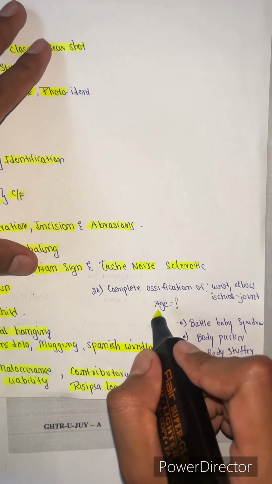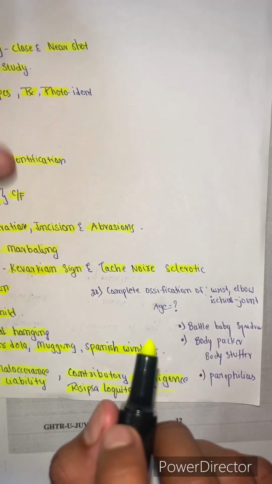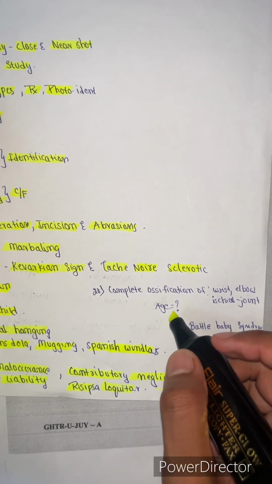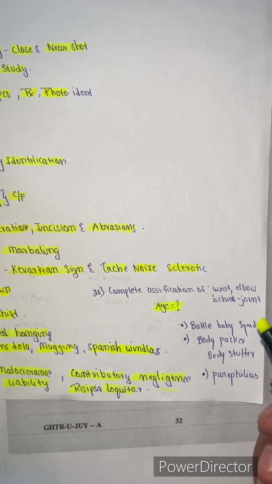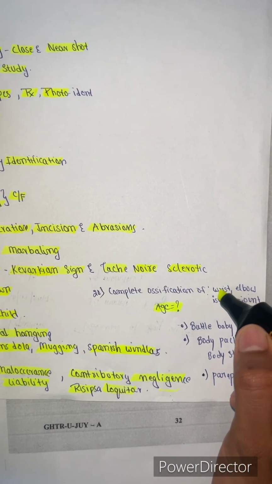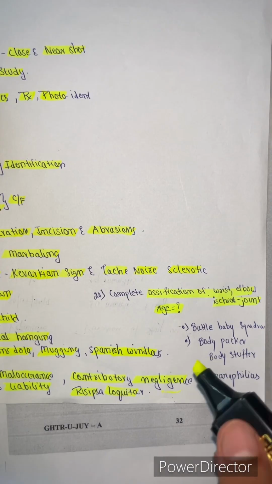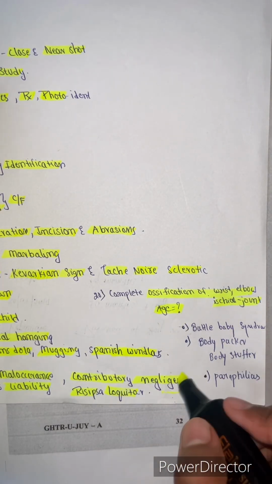Next, they will give an X-ray, maybe a hand X-ray or skull X-ray, and they will ask you to identify the age group. So how will you be able to identify the age group? By looking at the ossification of maybe the wrist, elbow or the ischial joint. You have to identify the age group of this particular person.